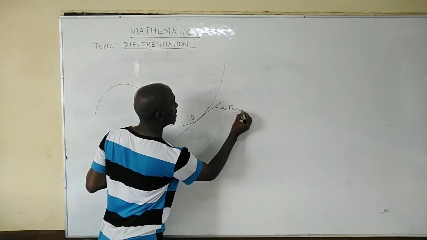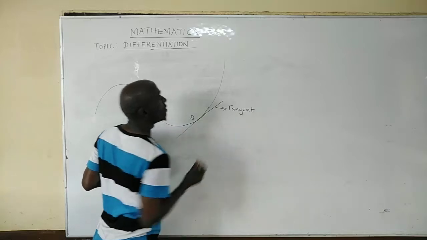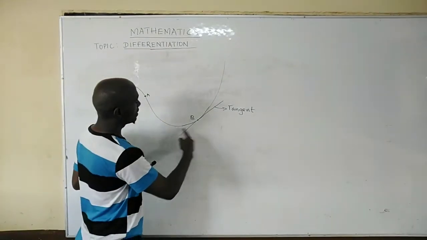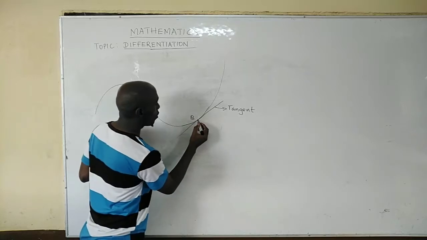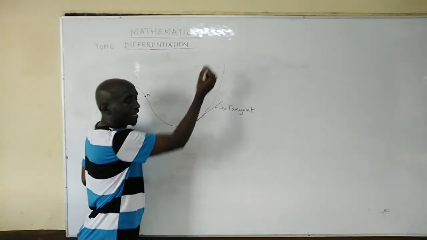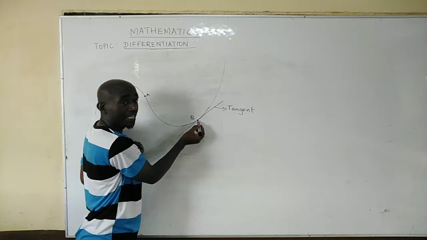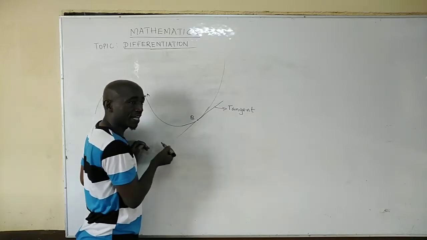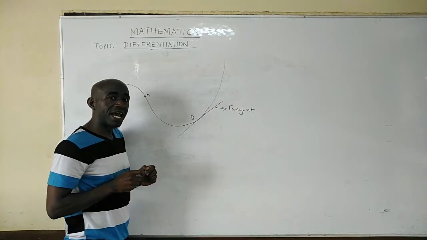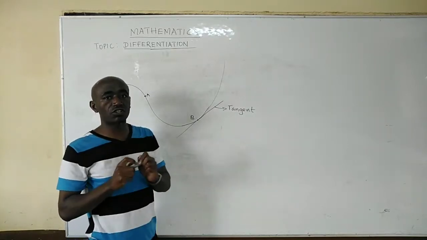You learned about tangents in form 3. So if this is the curve and this is a point, the gradient of the curve at this point is equal to the gradient of this tangent. Remember, a tangent is a straight line and it has a constant gradient.